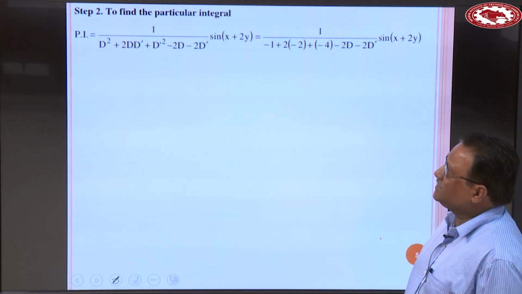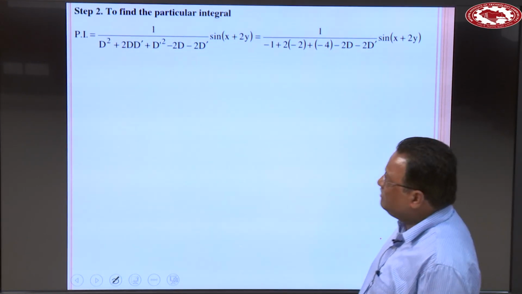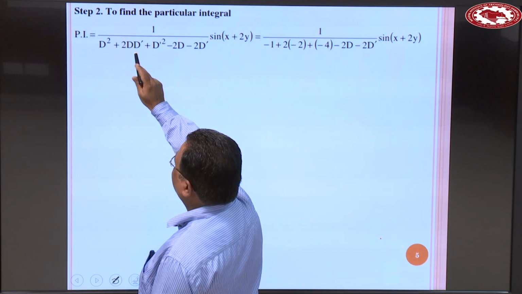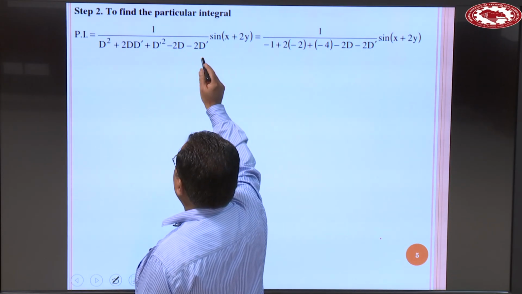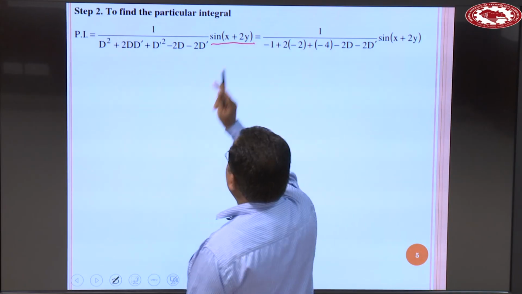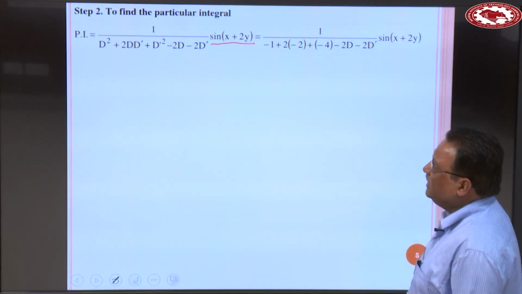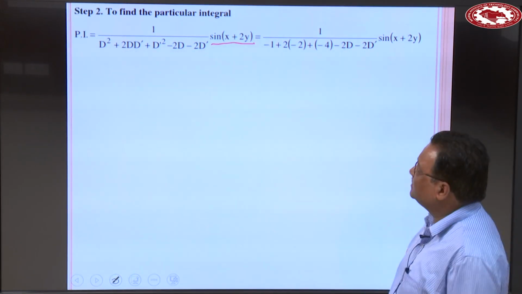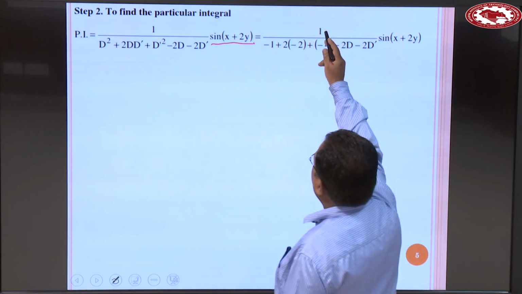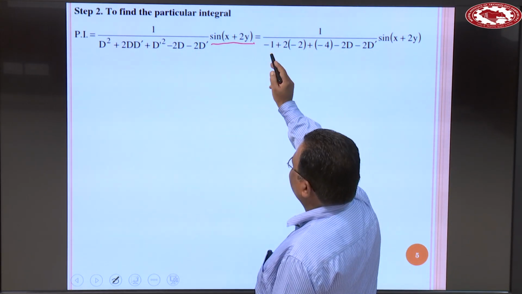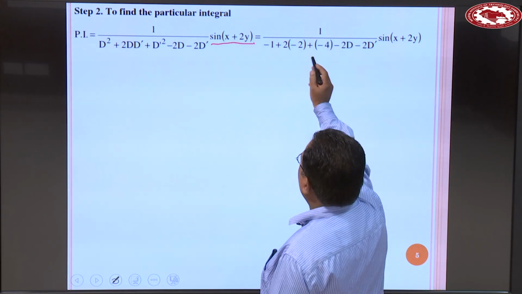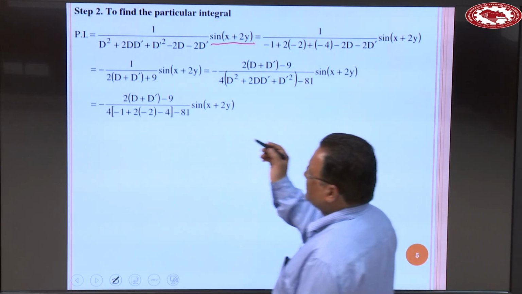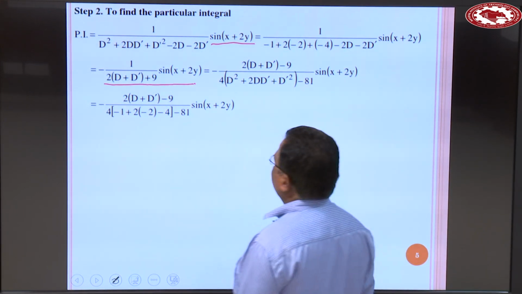Now the second step is how we can evaluate the particular integral for this problem. The particular integral is 1 over this function of D, D', meaning D square plus 2DD' plus D' square minus 2D minus 2D', and capital F(x, y) is sin(x plus 2y). So use the various methods which we have discussed in previous chapters. It becomes 1 over, substituting D square is equal to minus 1, D'D as minus 2, D' square as minus 4, minus 2D', sin(x plus 2y).